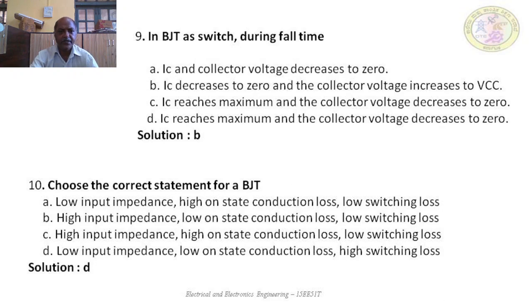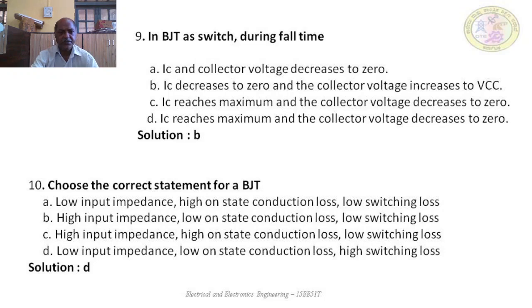Now the next question: in BJT as a switch during fall time, which option is true among these four options A, B, C, D? Yes, any answer? The correct answer is B, that is IC decreases to 0 and collector voltage increases to VCC.